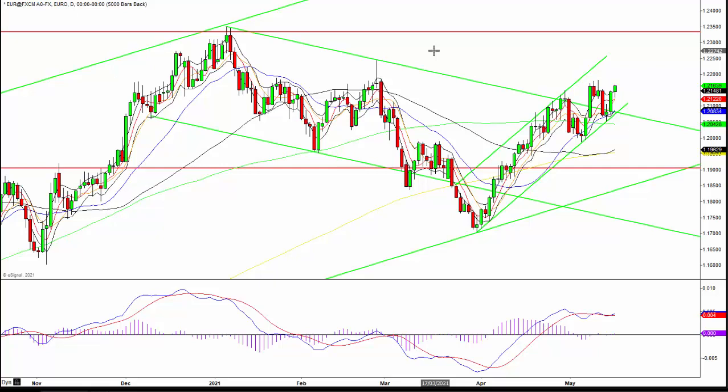Now, if you're just a day trader, a lot of that is of less importance, because you're trading very short term patterns. So what I'm doing is more for my swing trading.